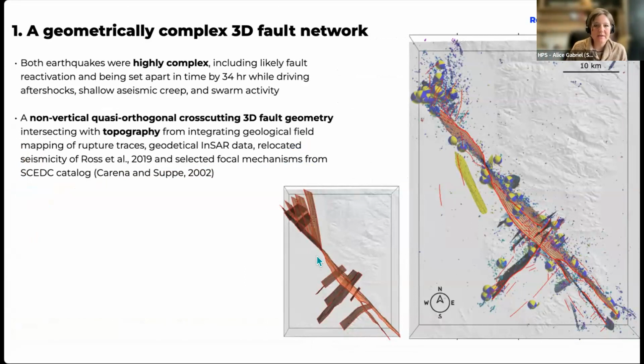So we are using the same kind of information that's used for the community fault models to set up this non-vertical cross-cutting 3D fault geometry. It has to be intersected with topography in the region, and to build up this model that you're seeing here, we're integrating already quite a range of information, from geological field mapping to InSAR data to relocated seismicity and focal mechanisms that inform us of how these faults are extending at depth.